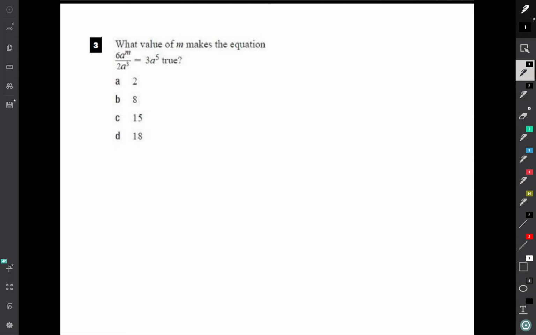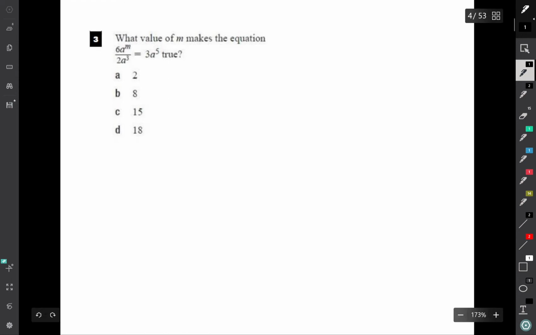I'm just going to look at the left-hand side of my equation, where I have 6a exponent m over 2a exponent 3. Now, I'm going to simplify the left-hand side, and that's equal to 3a exponent 5.